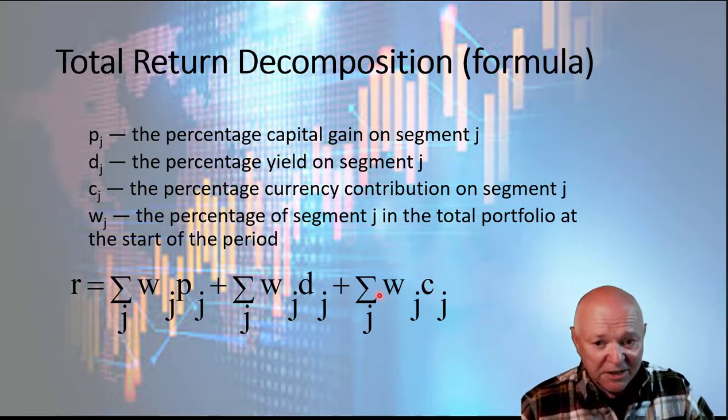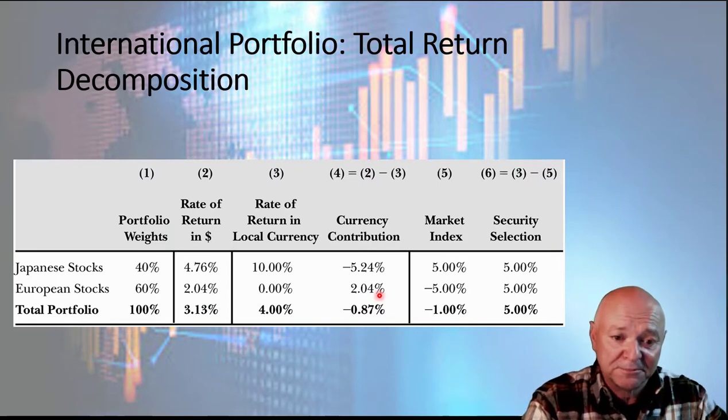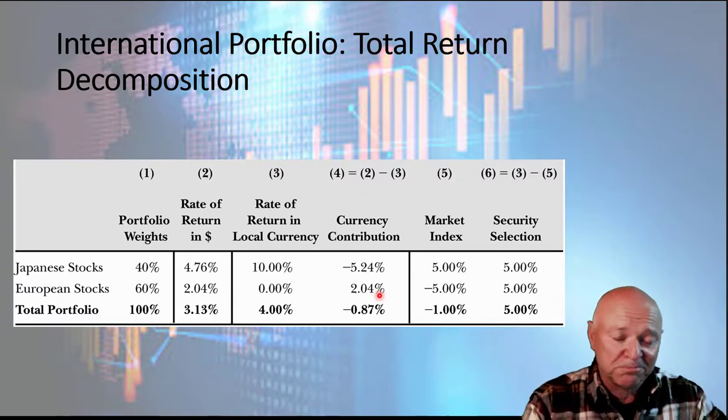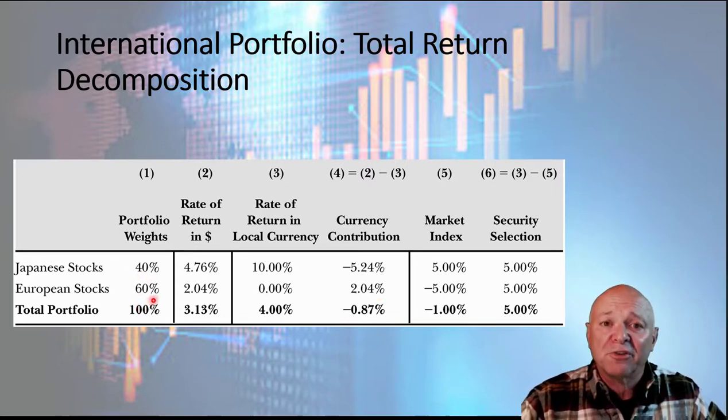Now, in the example that we've already started to look at, you can see that we have an investment in two country portfolios, a Japanese portfolio and a European portfolio. We have our Sony stock and we've got our BMW stock. Our portfolio is made up of 40% Sony and 60% of BMW, so that's our total portfolio.